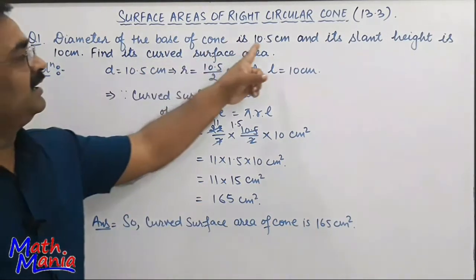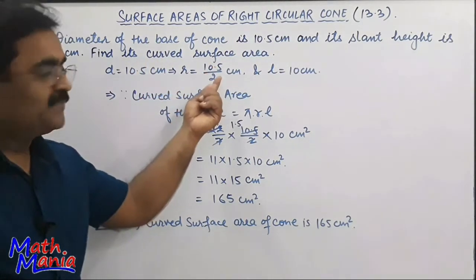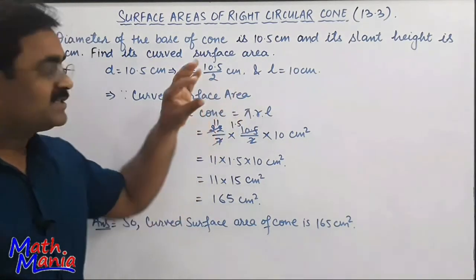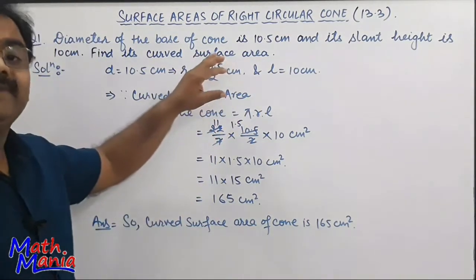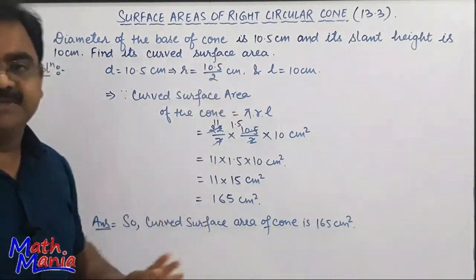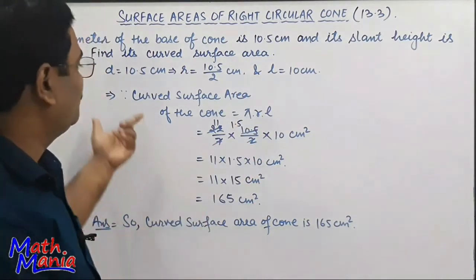Diameter was 10.5 centimeter, so radius becomes half of this diameter, which is 10.5 upon 2 centimeter, and as it is we have not divided it by 2. Simply 10.5 upon 2 is the radius. After that, slant height was given 10 centimeter. Then we need to apply the formula.